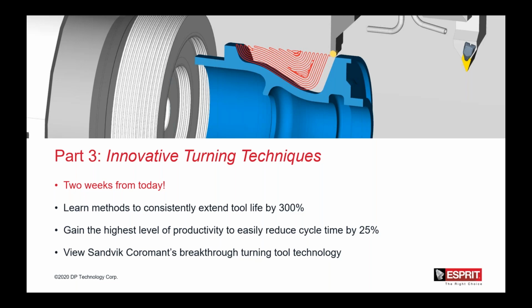There's a couple Sandvik questions here. One for Freddie. One of the attendees is asking if the pilot drill should have the same angle as the deep hole drill. Freddie, I can take that.